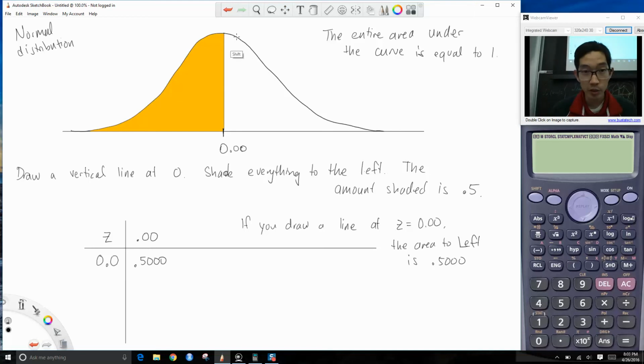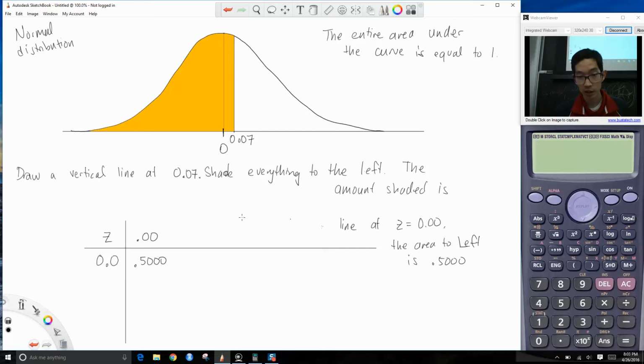Now I'm gonna go just a tiny bit to the right, and instead of drawing a line at 0.00, I'm going to draw a vertical line at 0.07, and we're going to shade everything to the left of 0.07. How much will I have shaded to the left?